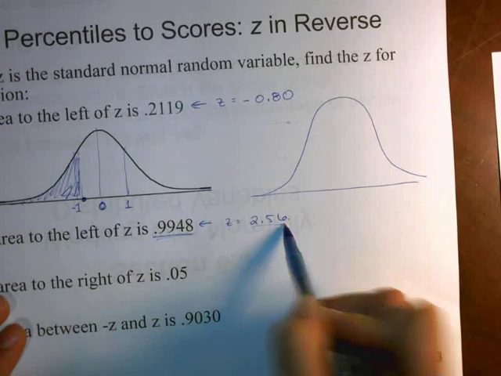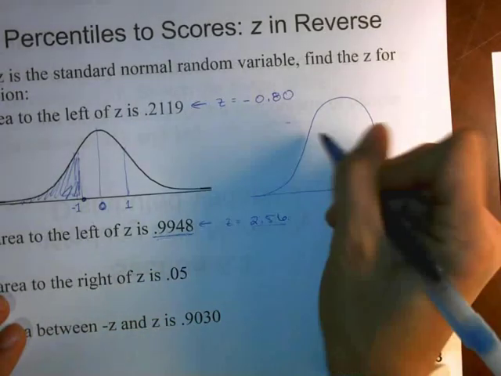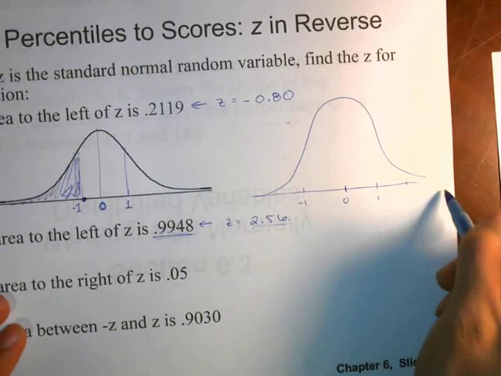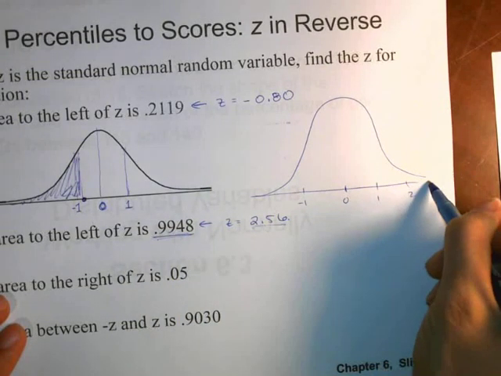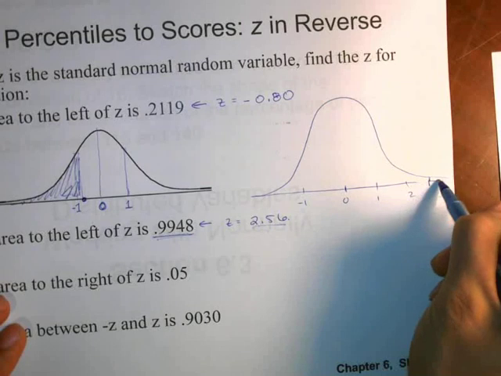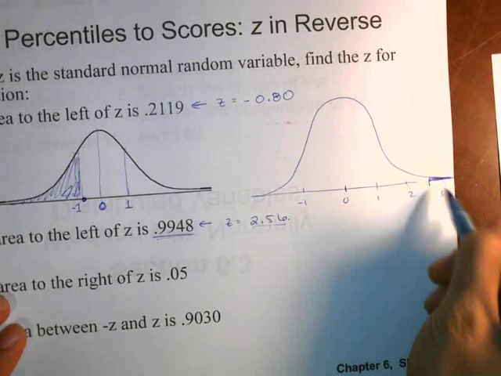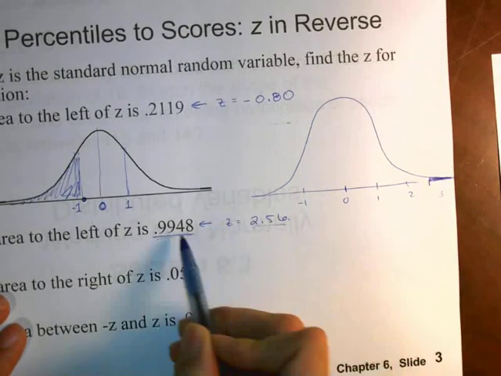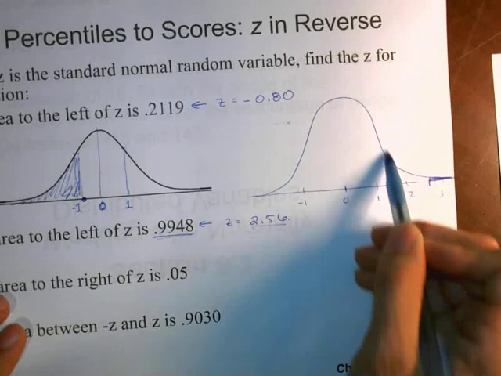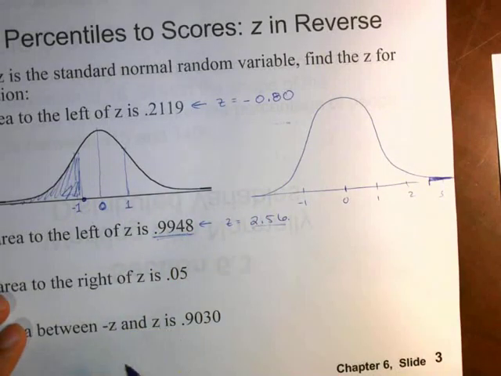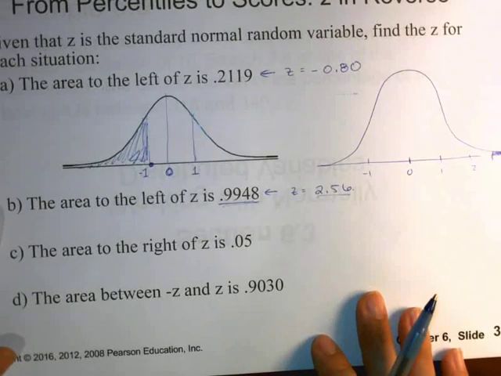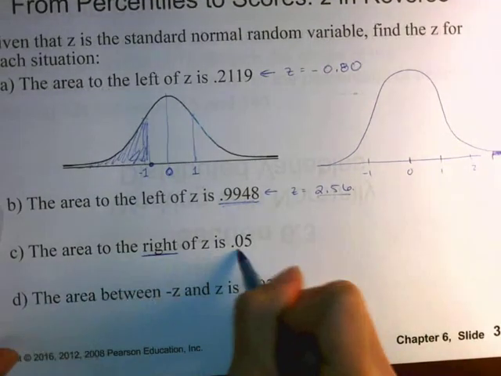It says that 99.5% of the data is to the left of this score. So again, with my 0 and -1 and 1, 2, 3, here's 2.56. It says that this tiny little sliver of the curve, the area of that tiny little thing, is about 0.5%, and the area of everything else is 99.5% of the curve.